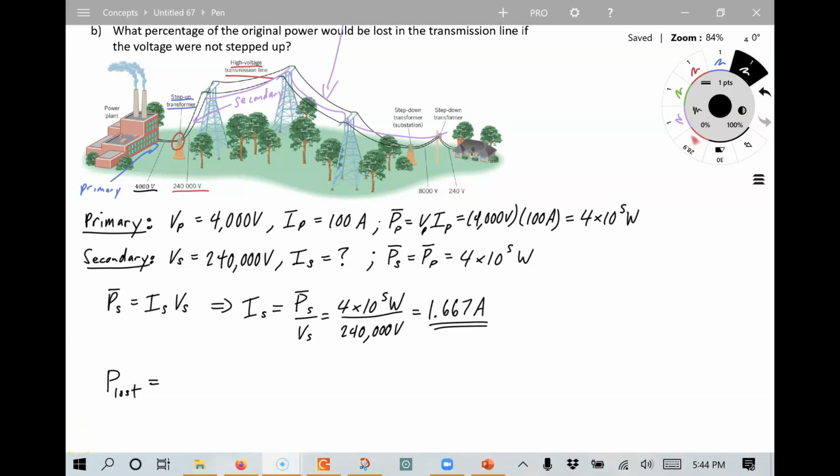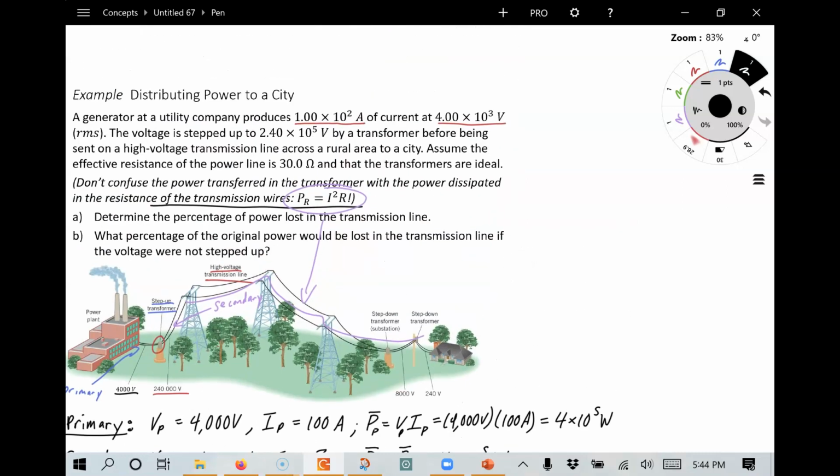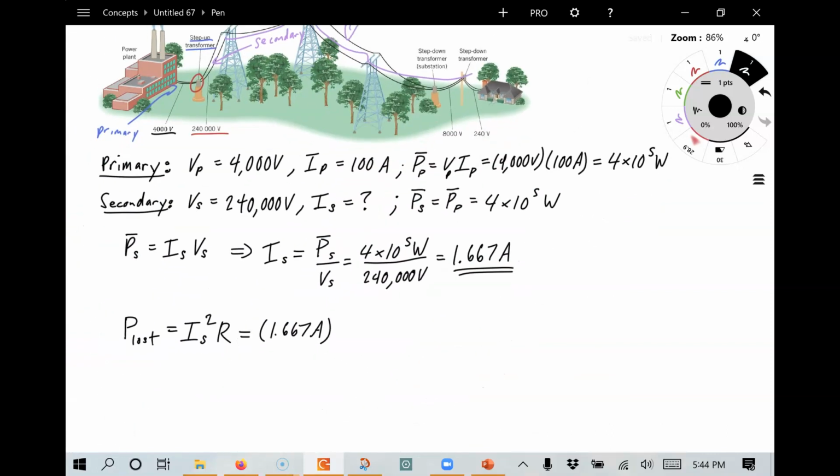We calculate that as the current in the transmission wires, that's the secondary, squared multiplied by the resistance, the effective resistance of the transmission wires, R. Now the current that we just calculated is 1.667 amps, and the effective resistance of the power line, collectively throughout the entire transmission lines, is 30 ohms.